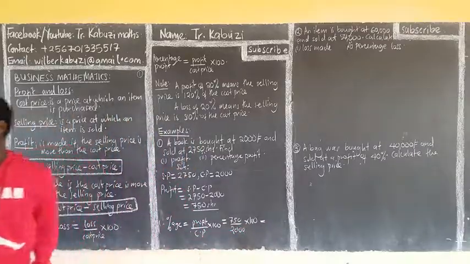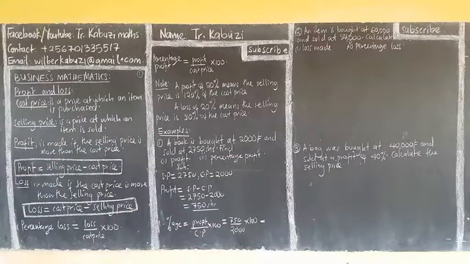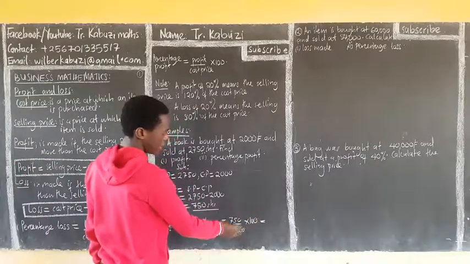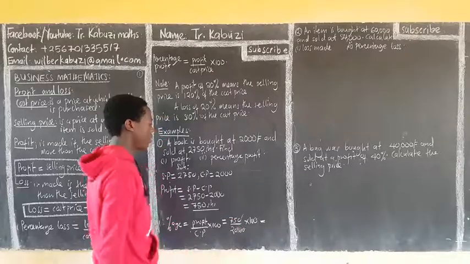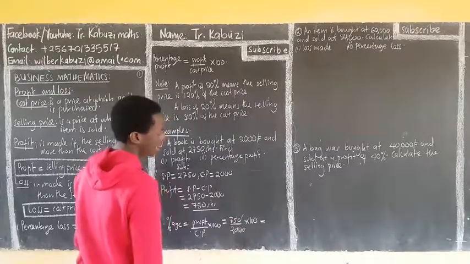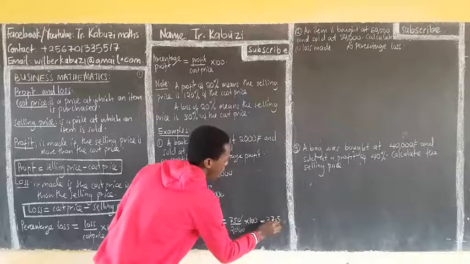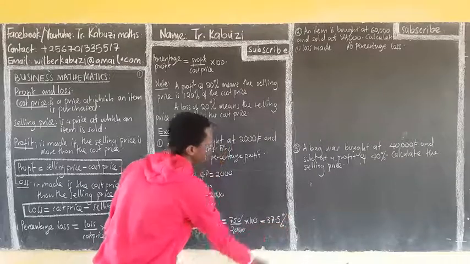You see that these two zeros go with this one, then this one goes with this one, and when you divide, that is going to be 37.5, so that is the percentage profit.